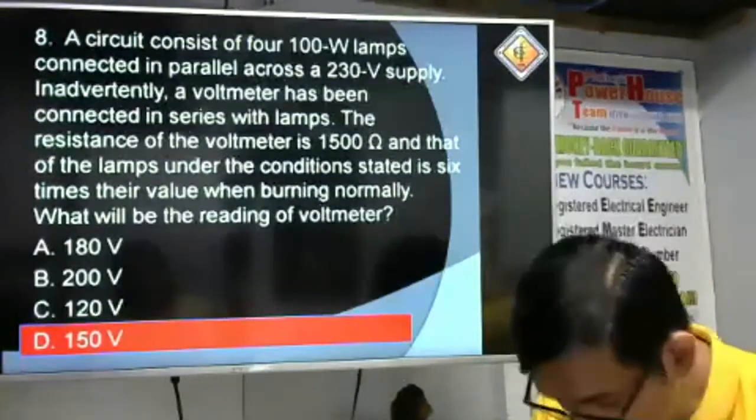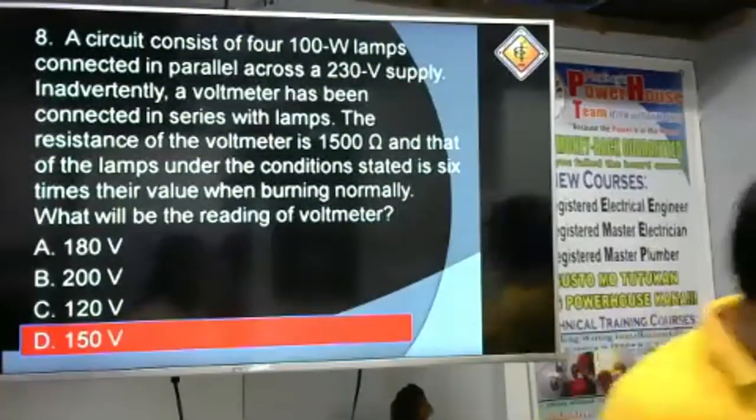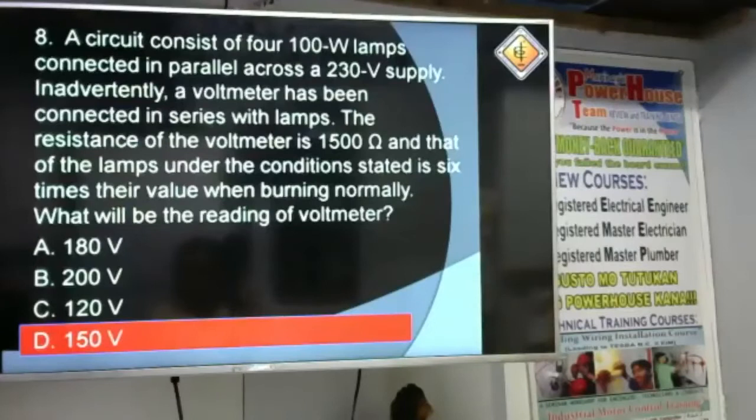So it needs analysis, no? That's why in the other school, they call this subject network analysis. I remember when we were in college, we had 3 circuit analysis subjects: direct current circuits, alternating current circuits, and network analysis.